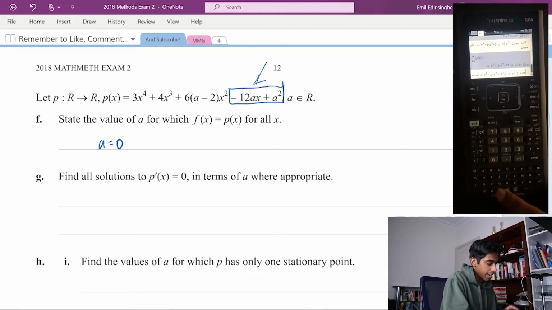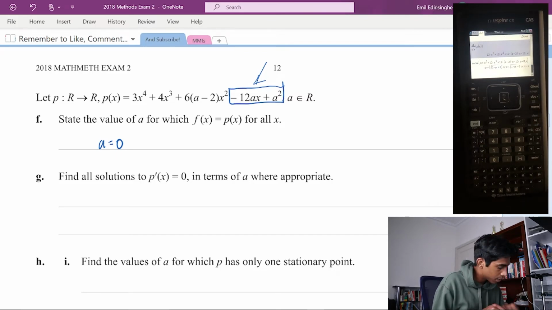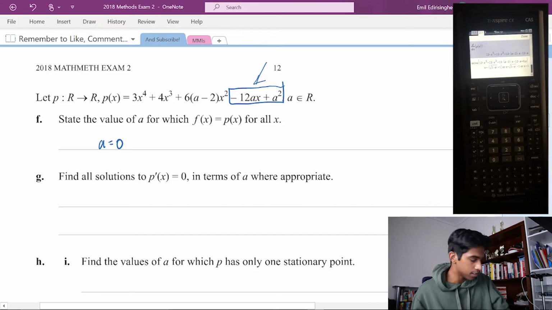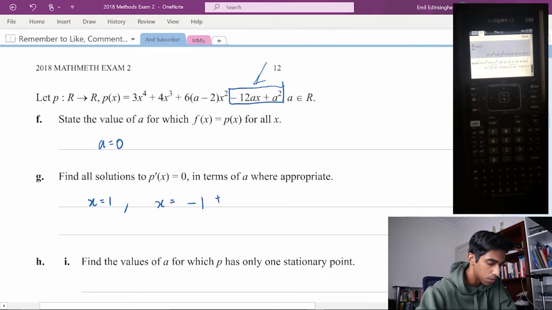And then I'll solve for x because we're finding things in terms of a. So that gives us 3 answers. X equals 1. X equals negative 1 plus or minus root 1 minus a.